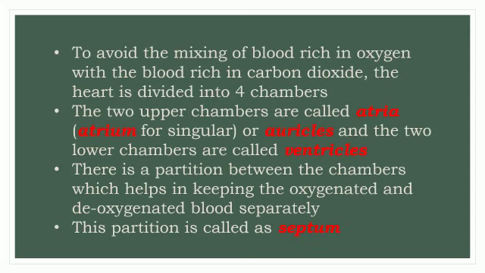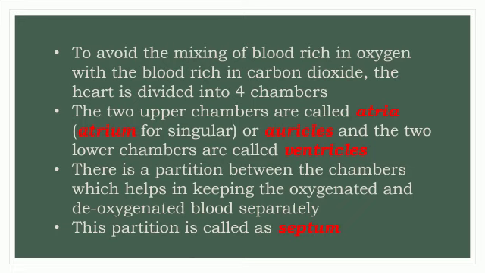To avoid the mixing of blood rich in oxygen with the blood rich in carbon dioxide, the heart is divided into 4 chambers. The upper 2 chambers are called atria. You can also call it atrium, or you can also call it auricles. And the lower 2 chambers are called ventricles.